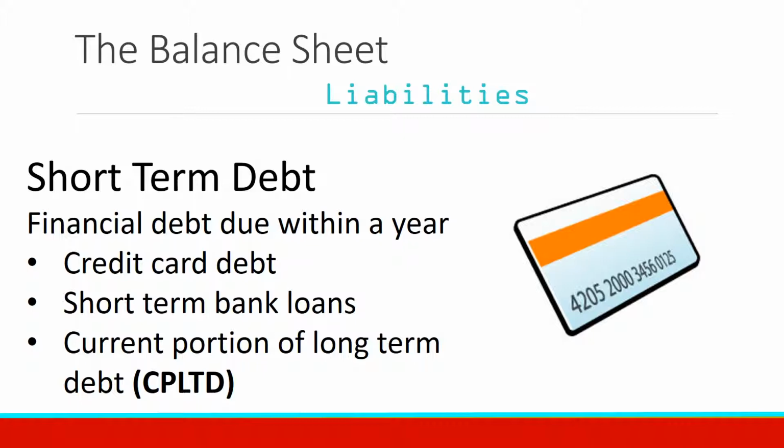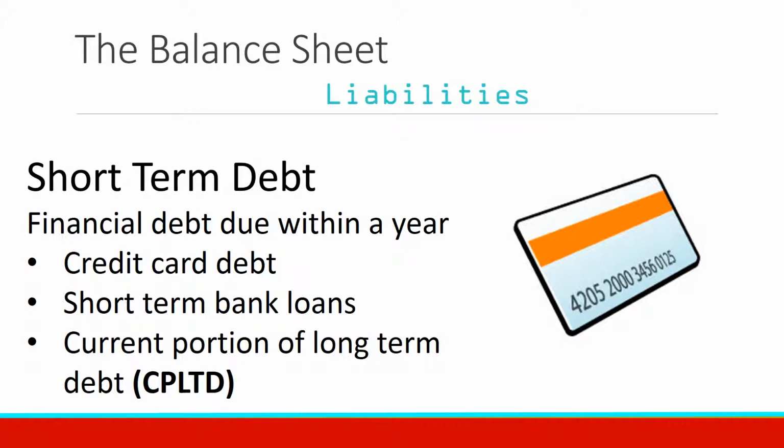A final type of liability that we might find in the current section is called short-term debt. Short-term debt is a catch-all term that's used to describe a wide range of financial debt that needs to be paid off within a year. For example, this could be credit card debt.